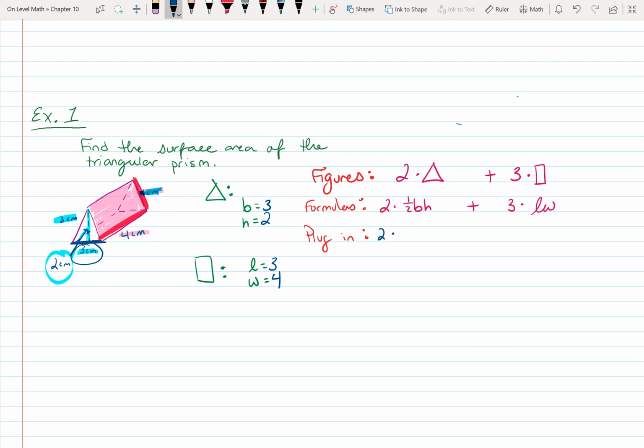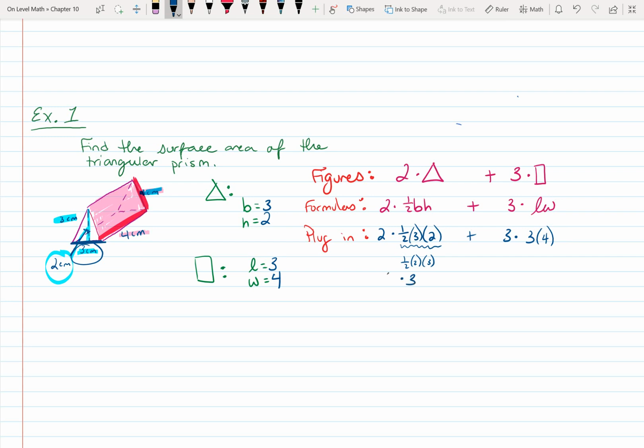Alrighty, so now we plug in. So 2 times 1/2, the base was 3, height was 2, plus 3 times the length was 3, width was 4. Alrighty, and we simplify both sides. Now keep in mind, I can rearrange this to help me out a little bit. So I'm going to do 1/2 times 2 times 3. So 1/2 times 2 is 1, times 3 is 3.